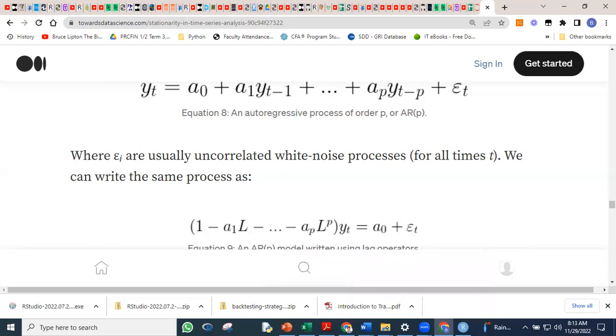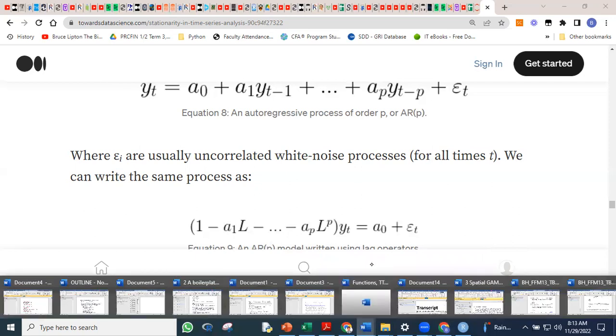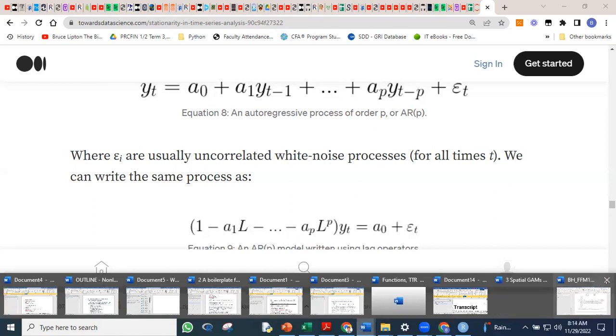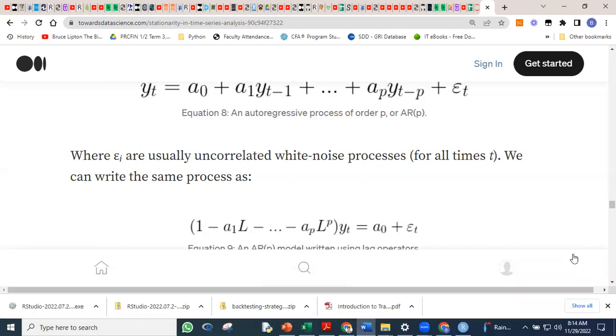Let me just open a Word file. Ang dami nakabukas.